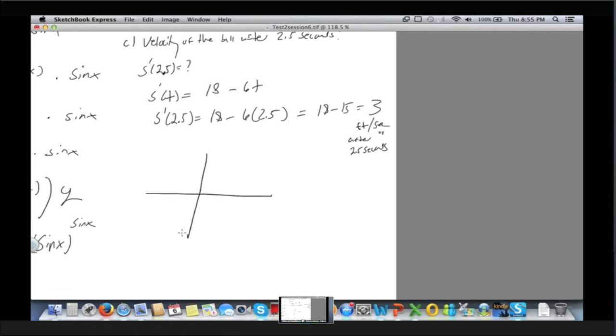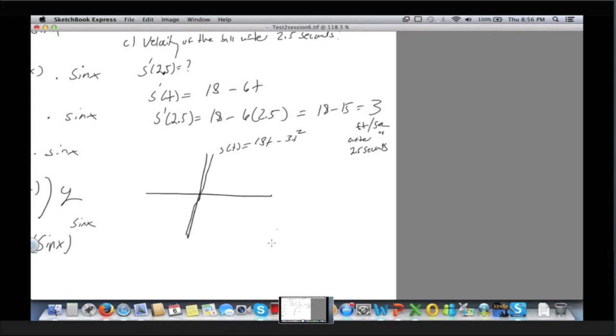Okay, well, I get something like this. And this is s of t equals 18t minus 3t squared. So this is the function.